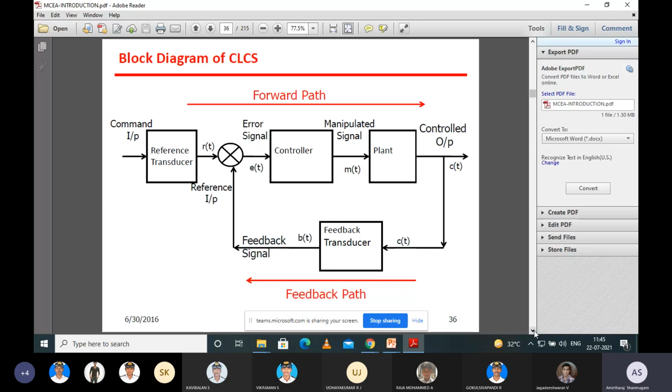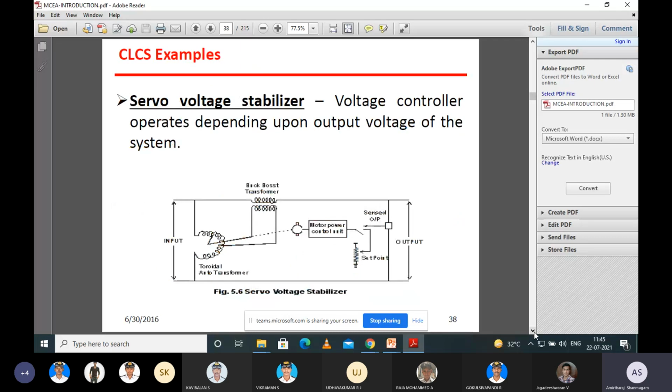And some more examples we can give, such as the stabilizer. We use a stabilizer for our TV or fridge. Suppose 220 volts is the normal voltage level. So why do we need a stabilizer for our supply before the electronic components? If the voltage increases beyond a certain limit or decreases below some limit, our electronic components will get damaged.